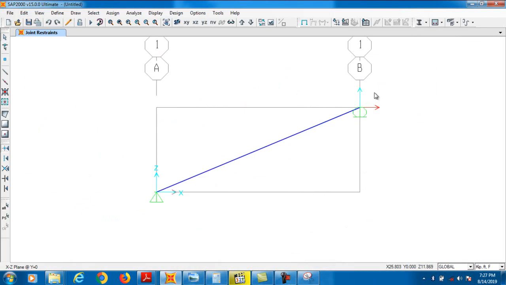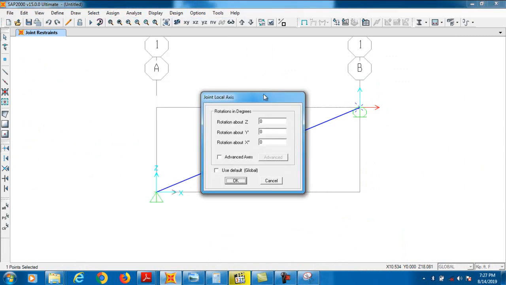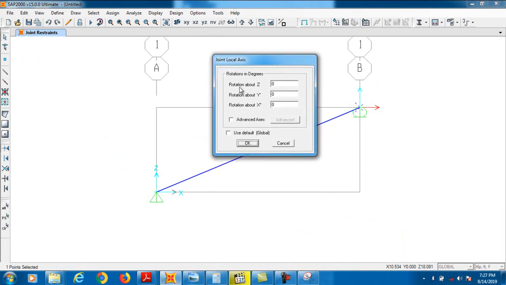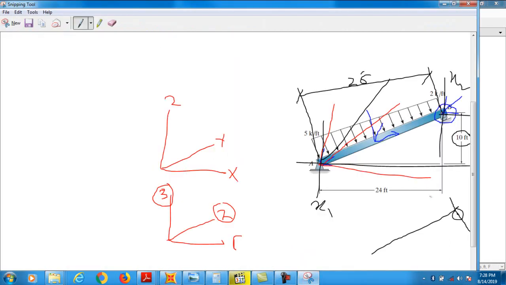So how can we do it? We select this joint, assign joint, because we are rotating the joint, therefore we select joint. Okay, local axis. Now here it says through which axis you are rotating your joint.